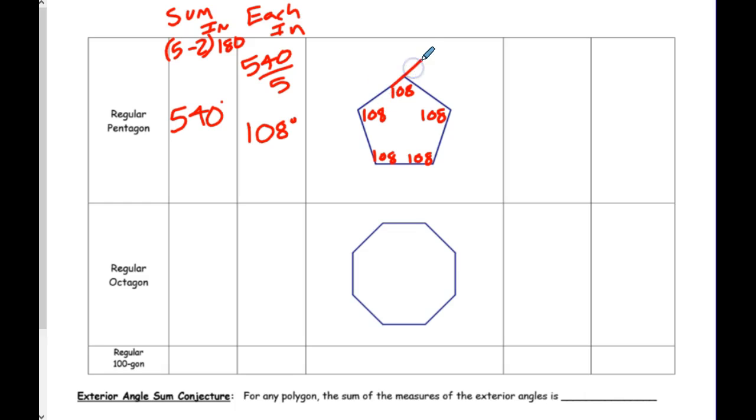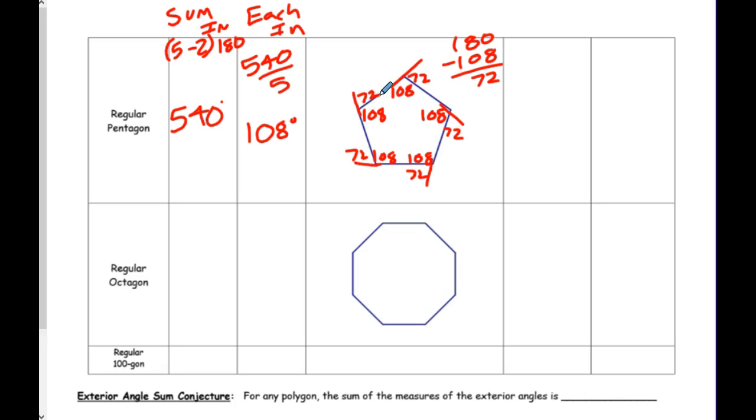So I extend, I extend, I extend. And just like last time, I'm going to take 180 minus that interior angle of 108. 180 minus 108 is 72 degrees. 72, 72, 72, 72.